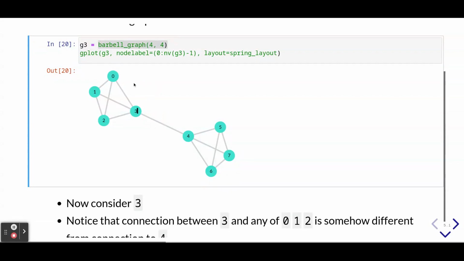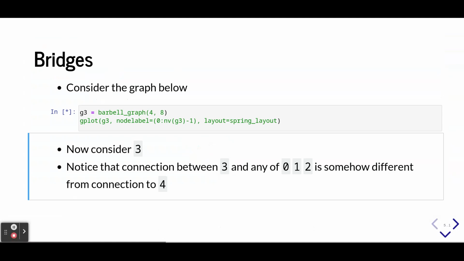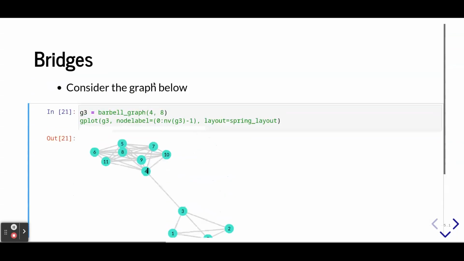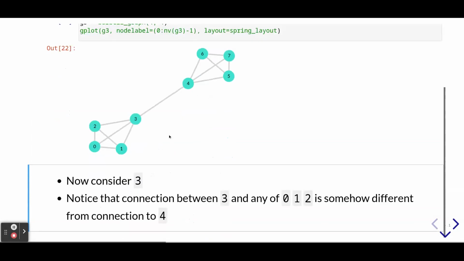This looks like a dumbbell or a barbell. And when we pass 4 comma 4 here, what that's doing is it's letting us control how many elements are on the left cluster and in the right cluster. If I change this 4 to, say, an 8, we would have a single cluster over here with 4 nodes, and then another cluster with 8. But for our case, let's just stick with 4 by 4.